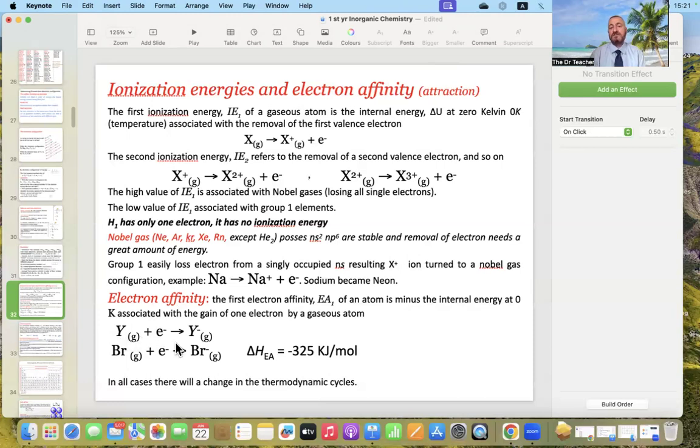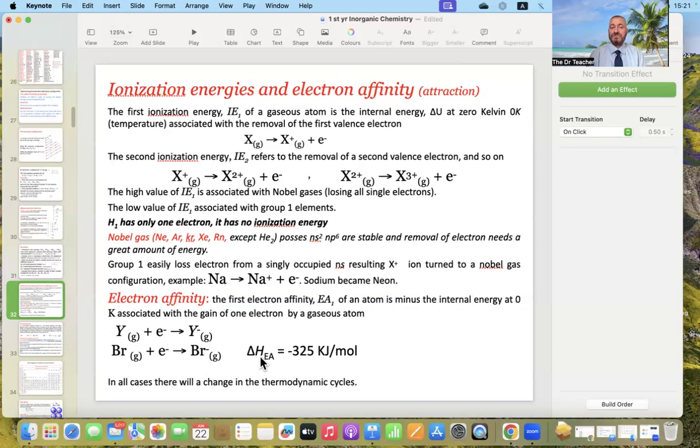So this gaseous element will have 1 extra electron, so it will be given a negative charge. Bromine, if it gains 1 electron, will become bromide with a minus charge. So there is 1 extra electron added to the number of electrons of the bromine.